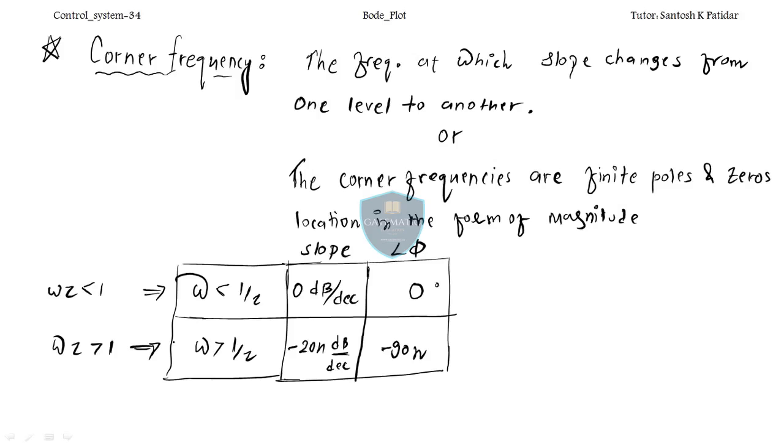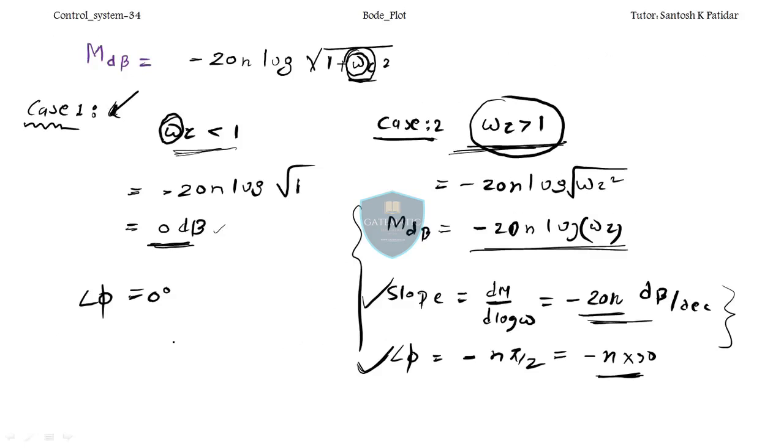Now the point is, what is the corner frequency? Friends, the corner frequency is the frequency at which the slope changes from one level to another. Now I'm asking you one question: why is the slope changing? See, the slope is going to depend on n.